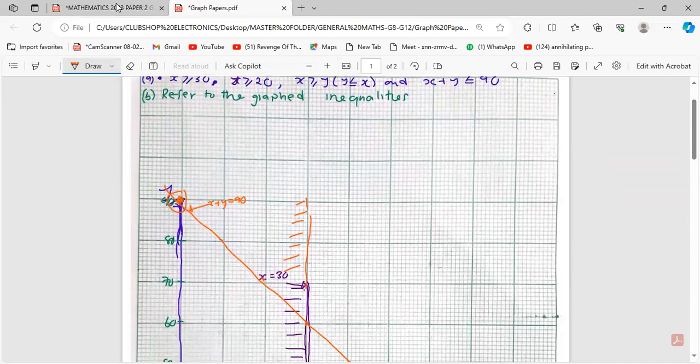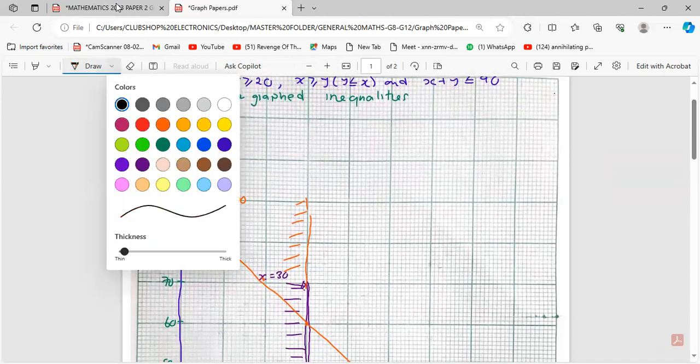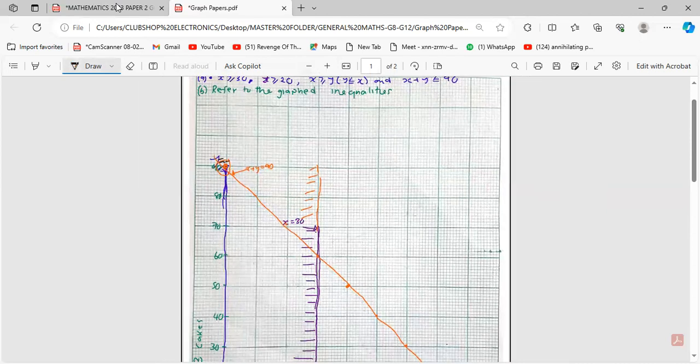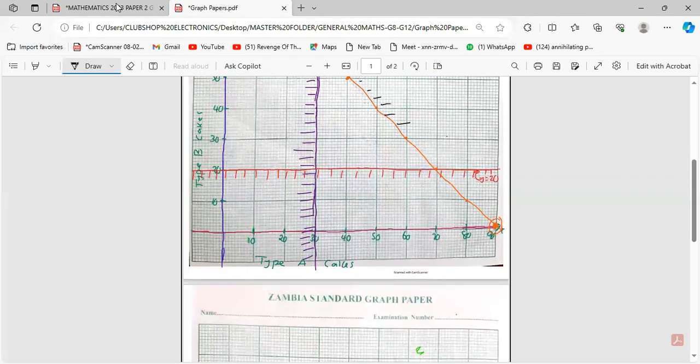So we are going to shade off the greater part above the line. Shade off above the line.